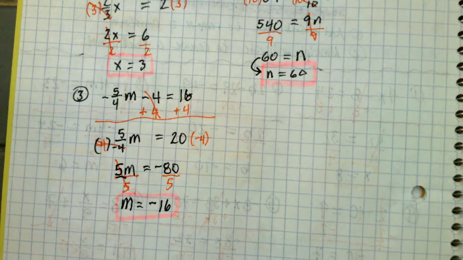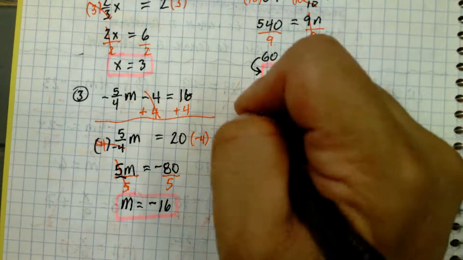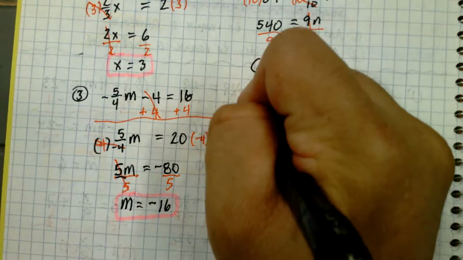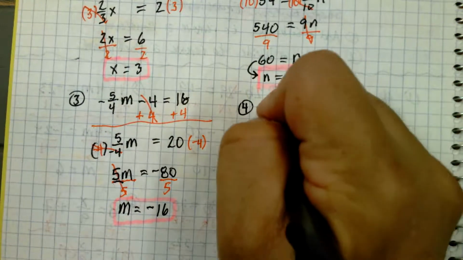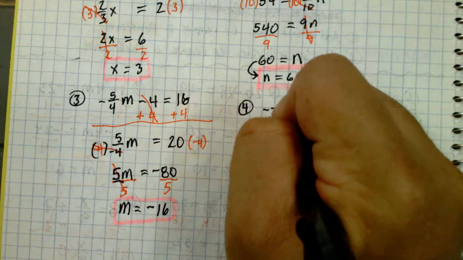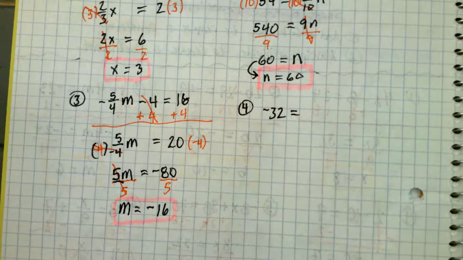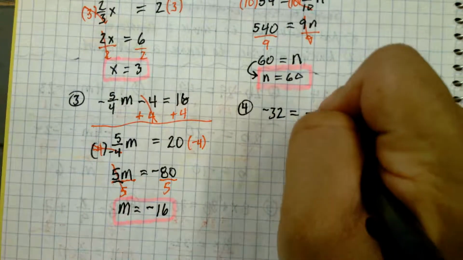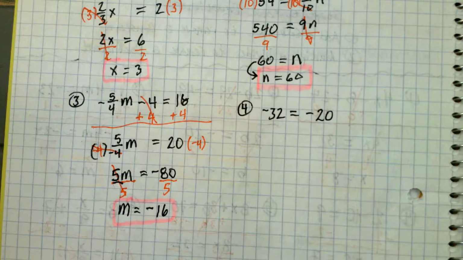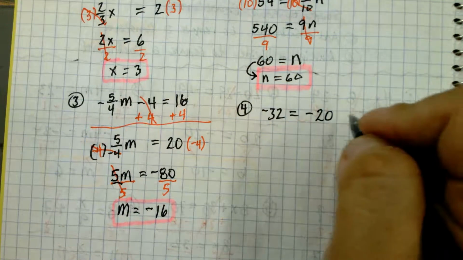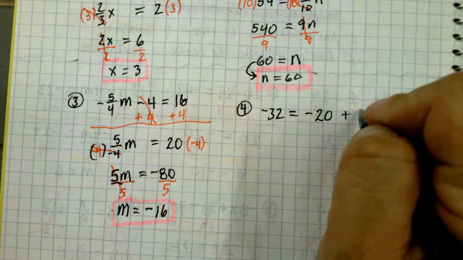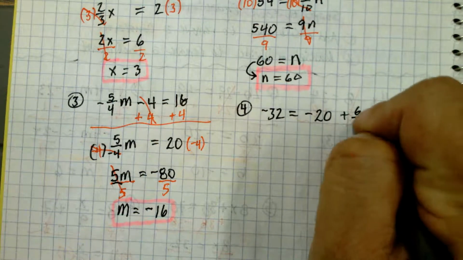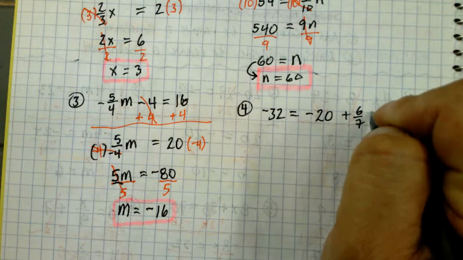Okay? So this will be the last one. Negative 32 equals negative 20 plus 6/7 times x.